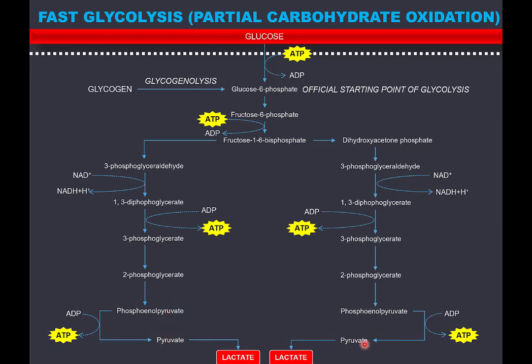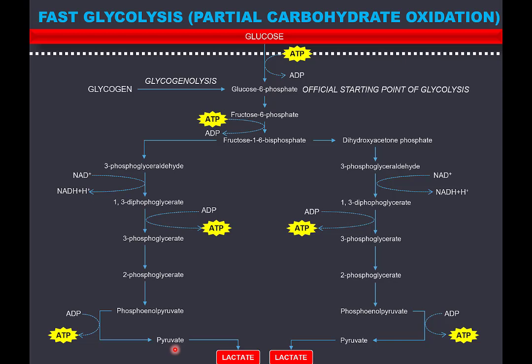So during fast glycolysis, or the lactic system, which again is only partial carbohydrate oxidation, so partial glucose 6-phosphate oxidation, the pyruvates are converted to a molecule called lactate, and that is the end. So the products of fast glycolysis, aka the lactic system, is 2 to 3 ATP and 2 lactates.